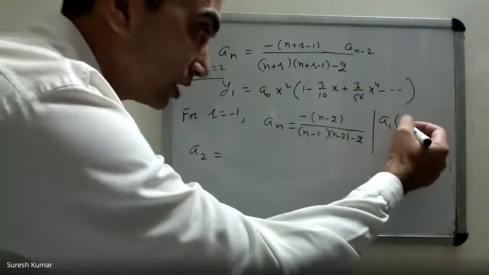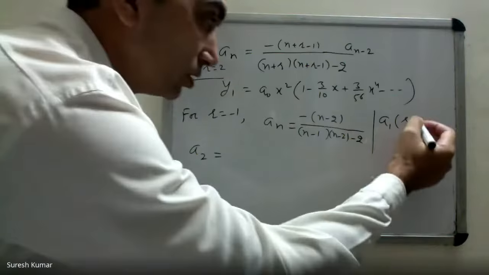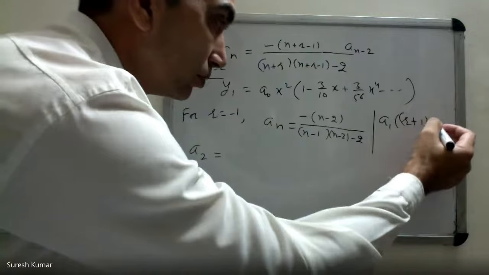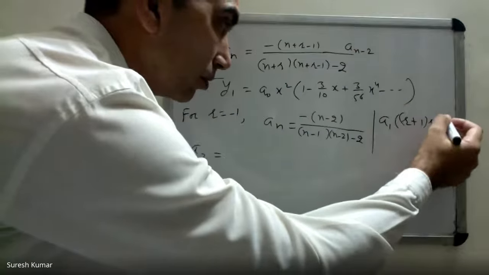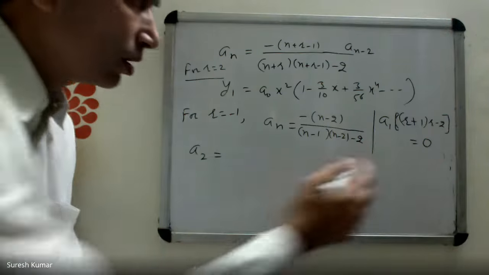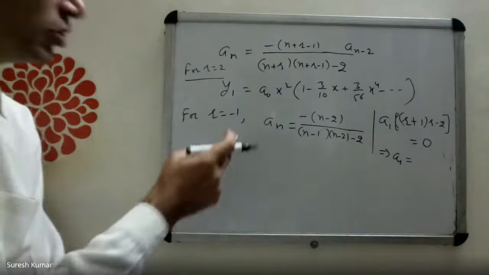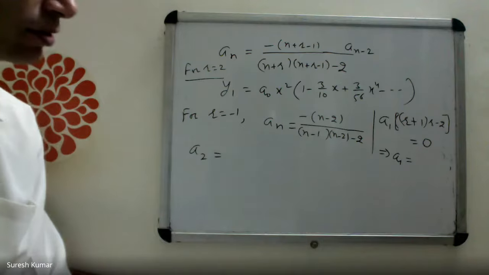So you get A1 times (r plus 1) into (r minus 2). When you choose n equal to 1 in the general recurrence relation, okay? From this, what is A1, especially when r is equal to minus 1?